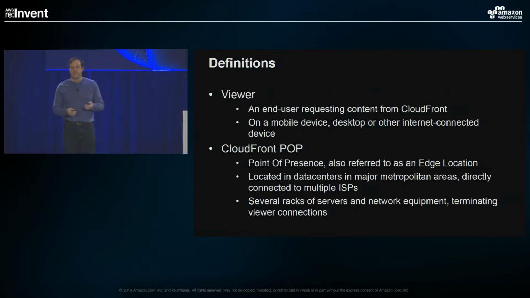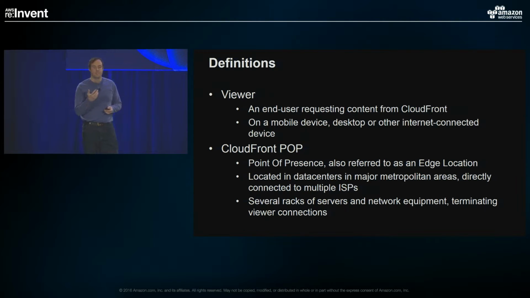Our CloudFront POPs are our network of 68 edge locations spread throughout the world, located in data centers in major metropolitan areas. These differ from the AWS regions in that the whole point of a CDN, of a CloudFront POP, is to be close to other networks and other viewers.